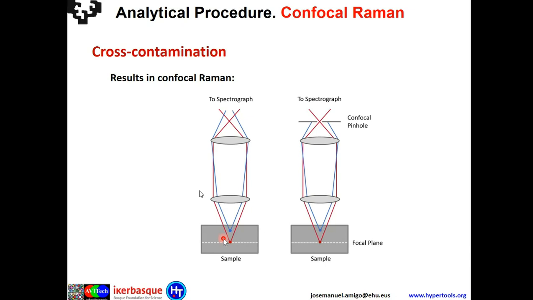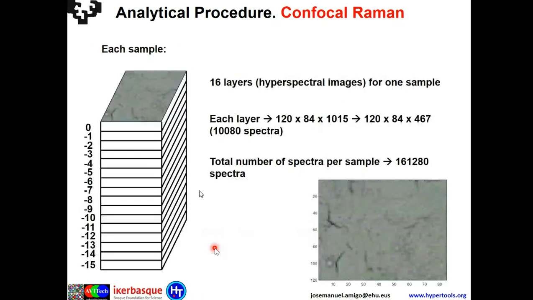Okay, so basically using this confocality, we were able to measure 15 layers from layer 0, meaning the surface, up to layer minus 15 microns in each of the samples. Okay, and for you to have an idea of the amount of data, for each sample, we measure many areas, but this is one of the areas. That is basically 16 layers. That means 16 hyperspectral images here for one sample or for one area measured.